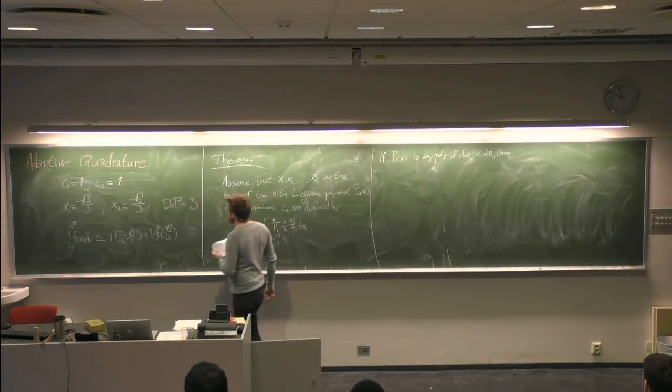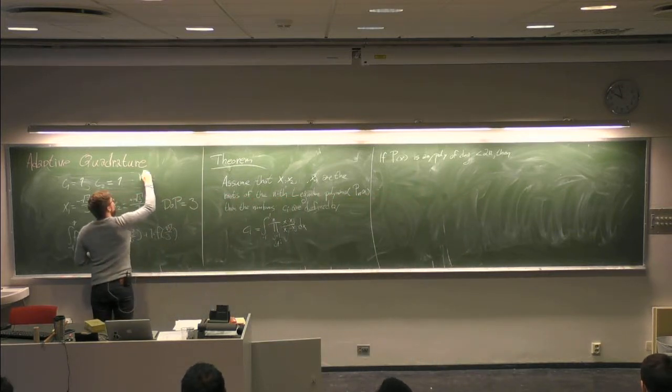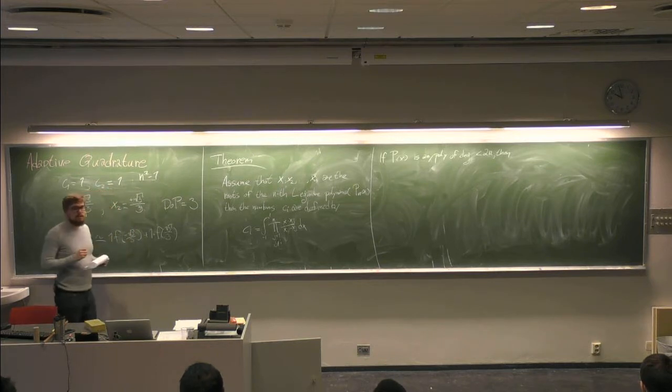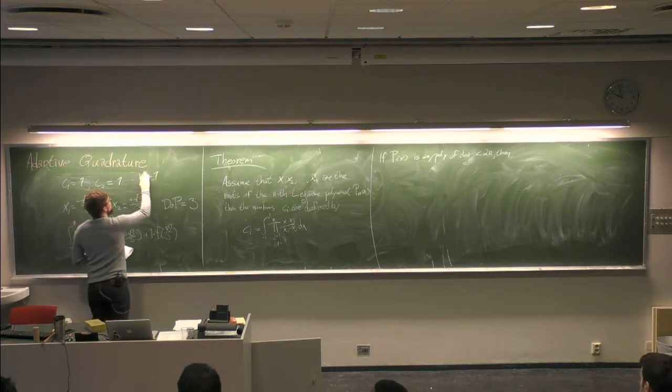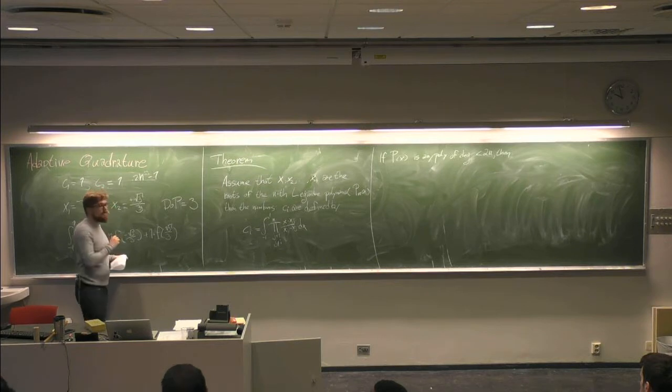Do you remember when I wrote n squared minus 1? That's supposed to be 2 times n, not n squared.